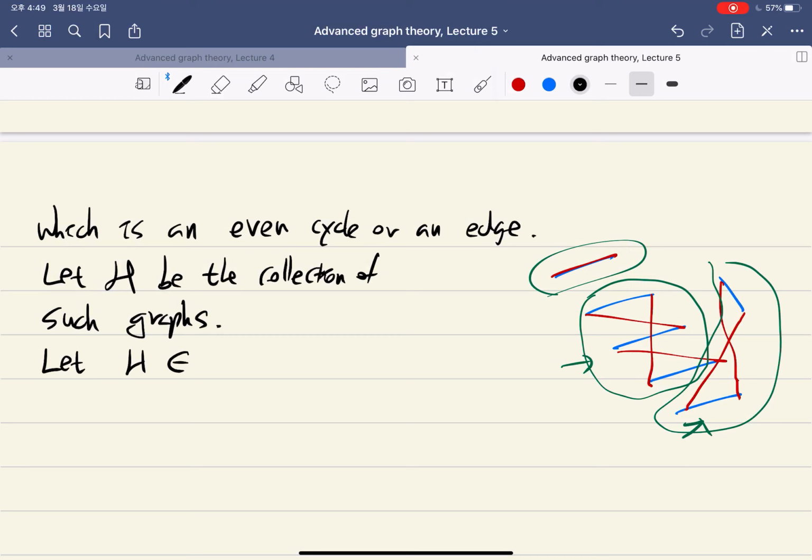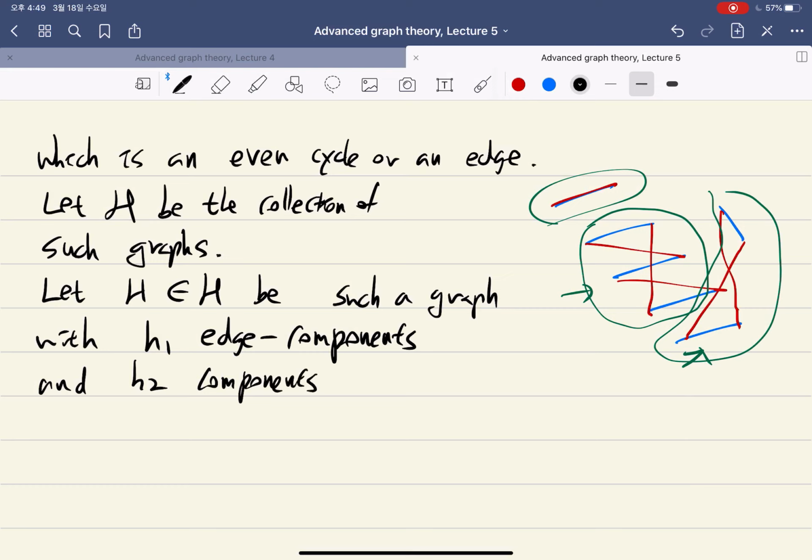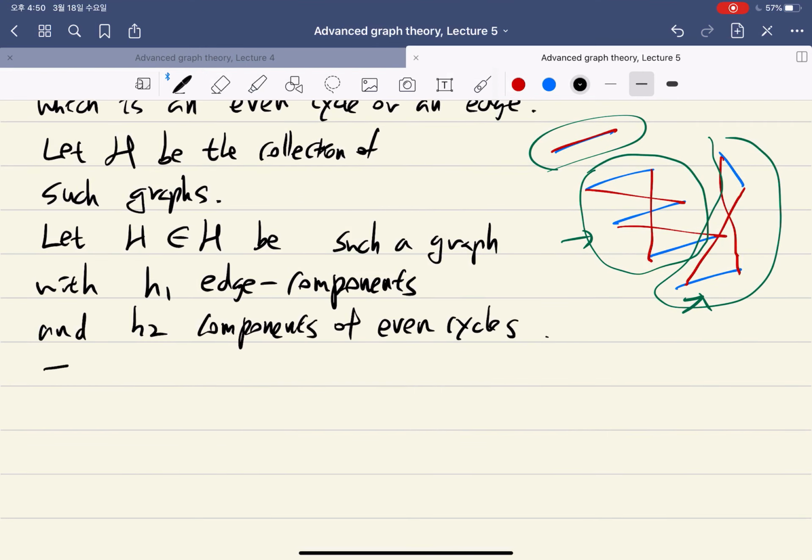And let H be such a graph with, say, H_1 components which are edges and H_2 components which are even cycles. Then PM(G) squared actually counts H exactly 2^{H_2} times.